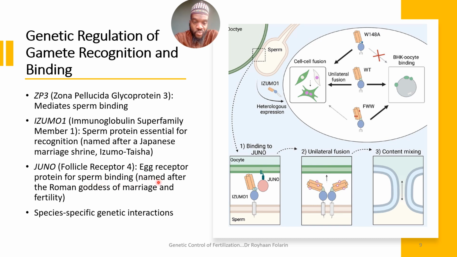It's also named after someone, in this case the Roman goddess of marriage and fertility, known as Juno. So Izumo binds to Juno. Both bind, thereby initiating a species-specific adhesion. So if there is a mutation in any of these genes, it's going to prevent fertilization. You can see Izumo on the sperm and then Juno on the egg for the binding.